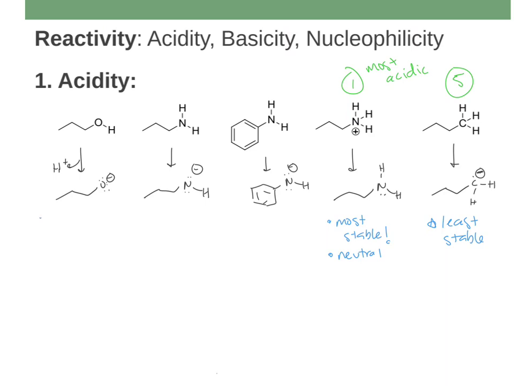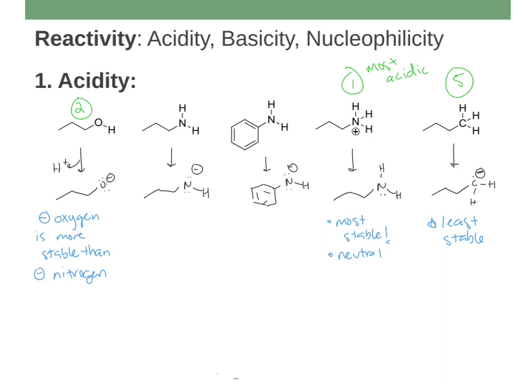A negative oxygen, an oxoanion, is more stable than a negative nitrogen. So that's why this is going to be my number 2. I'd rather lose a hydrogen from an oxygen than a hydrogen from a nitrogen. So that leaves my second and third one here. I need to rank them.